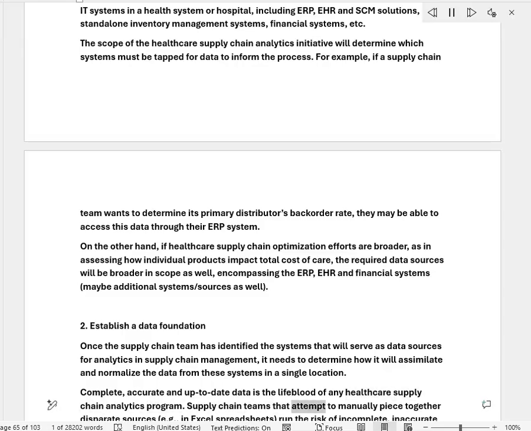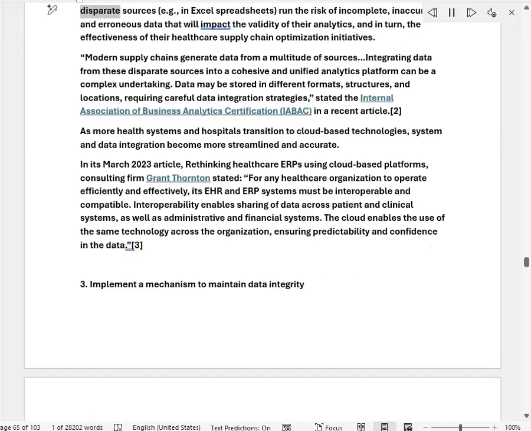Supply chain teams that attempt to manually piece together disparate sources, for example in Excel spreadsheets, run the risk of incomplete, inaccurate, and erroneous data that will impact the validity of their analytics, and in turn, the effectiveness of their healthcare supply chain optimization initiatives. Modern supply chains generate data from a multitude of sources.